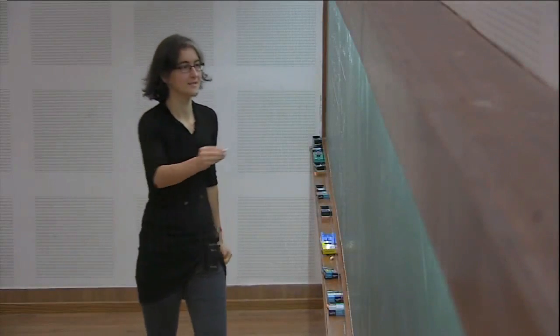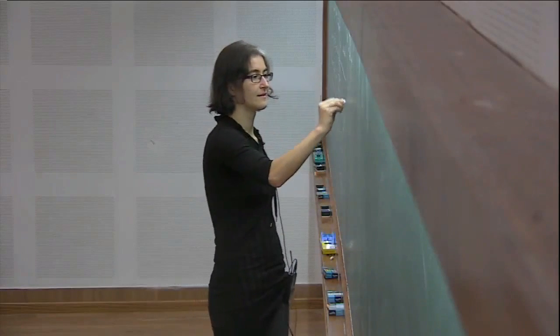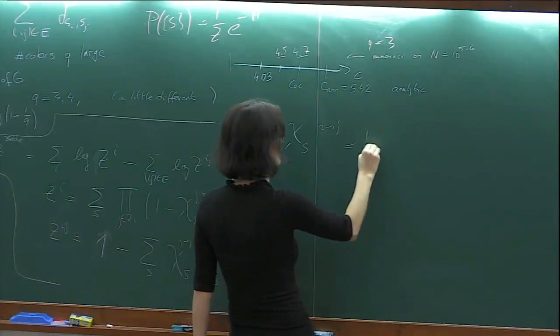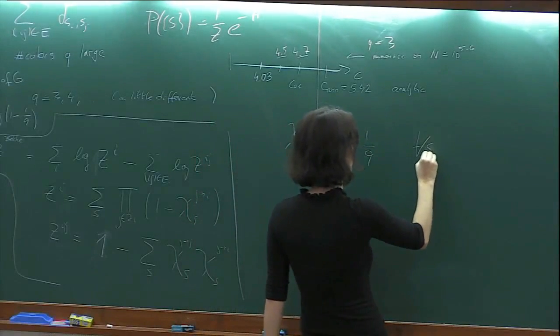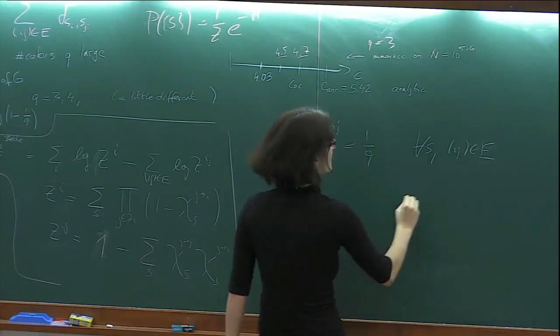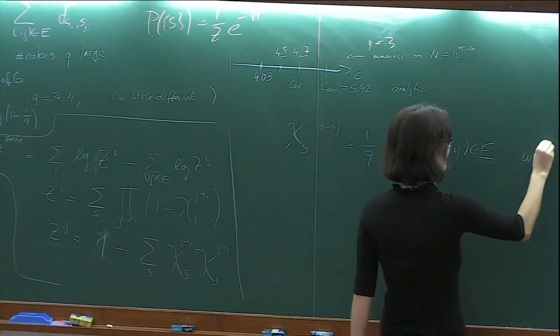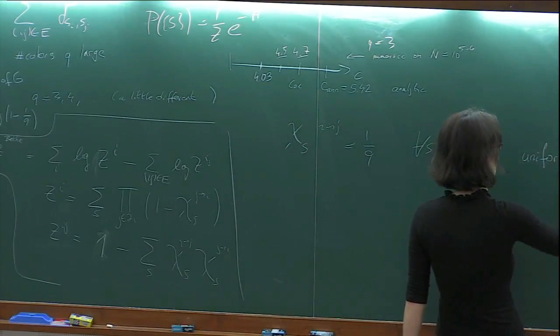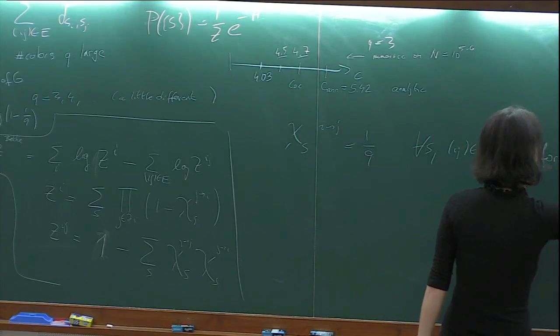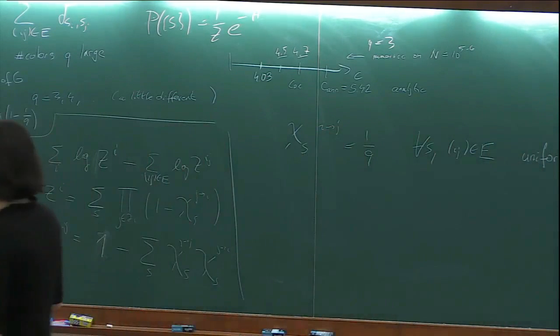Can you see that if we just plug in psi s equal to 1 over q for every s and for every edge, and we will call this the uniform fixed point. Can we persuade ourselves that this is indeed a fixed point?